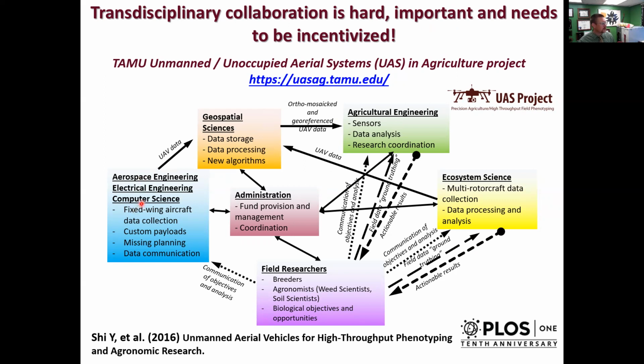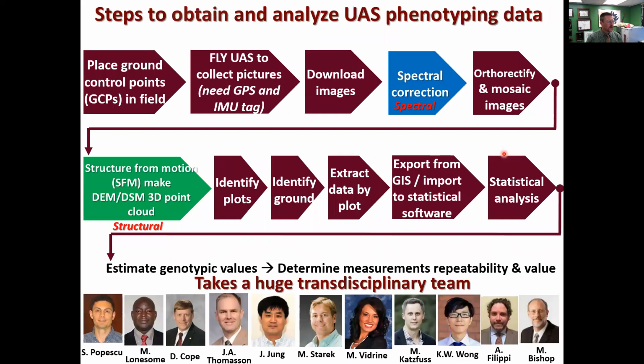We had aerospace engineers, electrical engineers, computer scientists, field researchers such as myself, ecosystem scientists like Malambo Lonesome and Soren Popescu, and ag engineers, all coordinating all of this. And of course, it required some funding, so we had some administrators. But I'd say of everybody, the ag engineers are really the key to make this all work and to bridge these different groups.